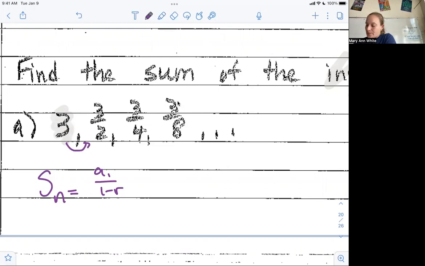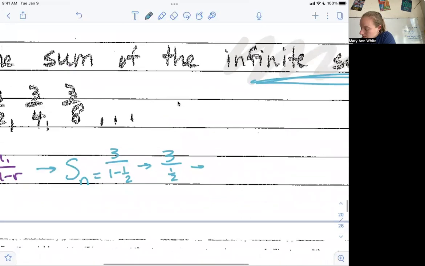My next term, to go from 3 to 3/2 and then to 3/4, I'm multiplying by 1/2. Okay, that means when I plug that in, S of n equals 3 over 1 minus 1/2, which is 3 over 1/2, which is the same thing as 3 times 2 over 1, or 6.